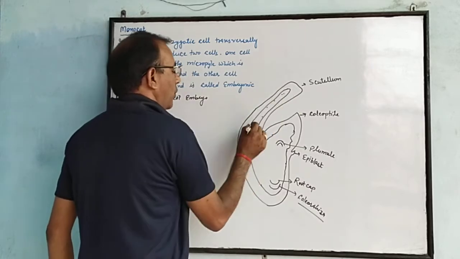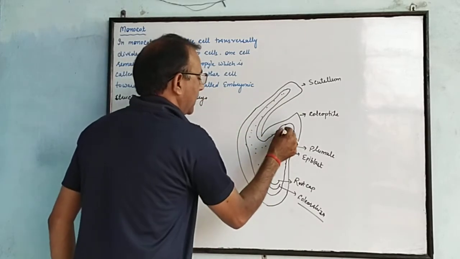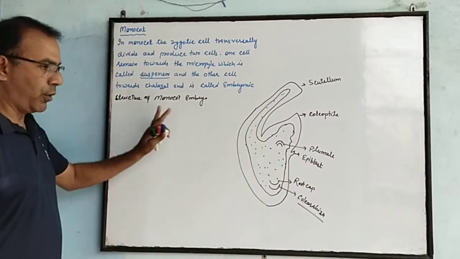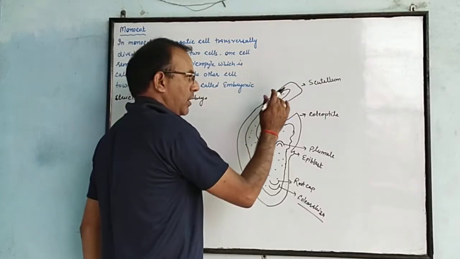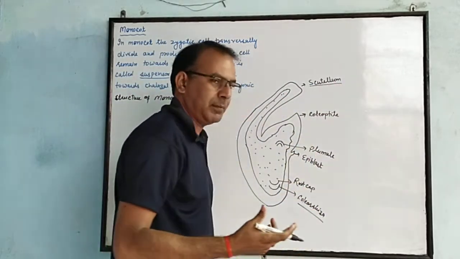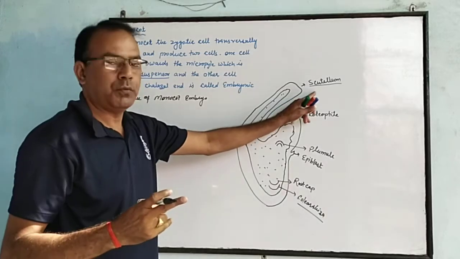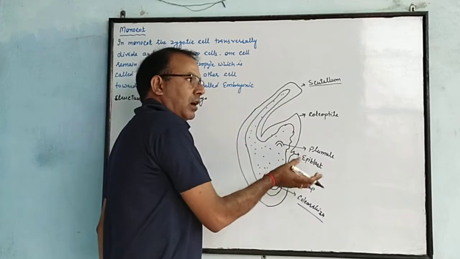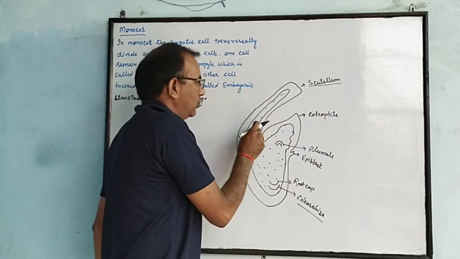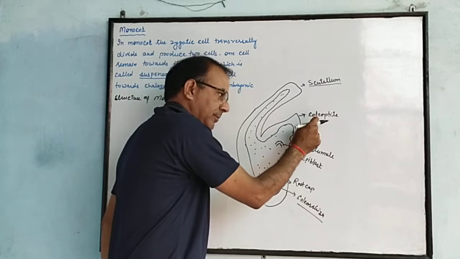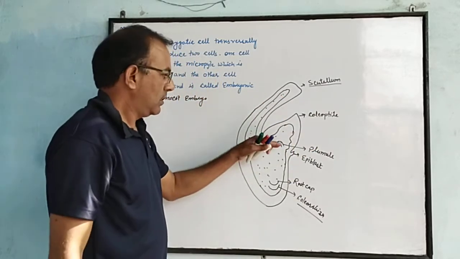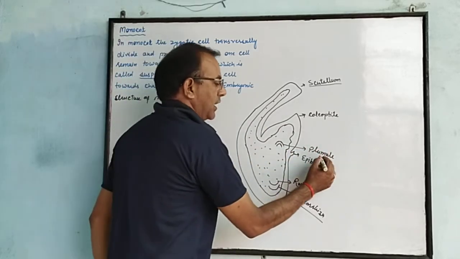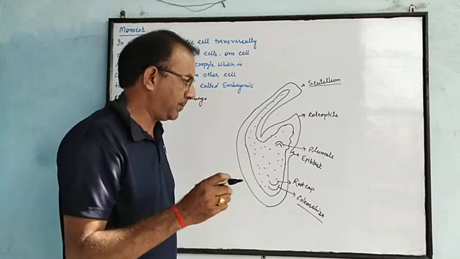This is how monocot embryo development takes place in plants. The scutellum is a single coat. The coleoptile is the portion attached to the scutellum. Towards the upper side, the epicotyl contains the plumule, and the plumule makes the future stem.